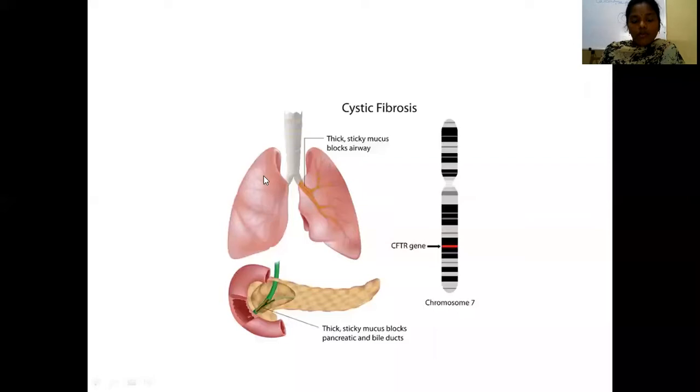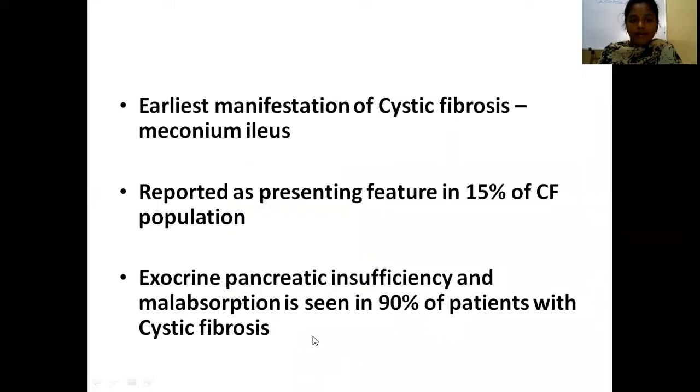In the bronchioles, there will be abnormal cilia and the mucus will be accumulated, and mostly these cystic fibrosis patients will present with recurrent upper respiratory tract infections and bronchiectasis. Coming to the pancreas involvement, there will be exocrine pancreatic enzyme deficiency leading to malnutrition, indigestion, and blocking of the pancreatic ducts and the bile duct.